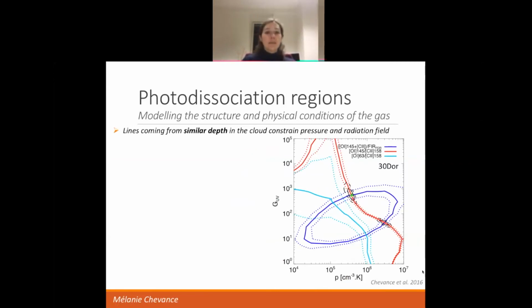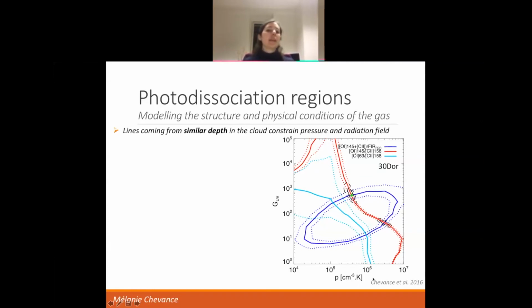And this plot here is showing the combination of GUV, so incident radiation field, and pressure that are necessary to reproduce the observed ratios in Sertit Radius. So O1 plus C2 over far infrared in dark blue, O1 145 over C2 in red, and O1 63 over C2 in cyan.